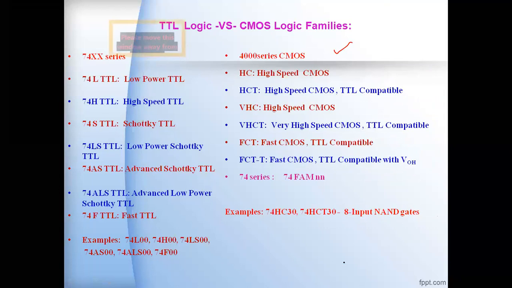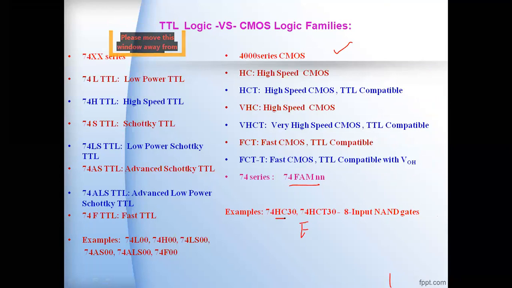You can also see some examples here with respect to the NAND gate, the CMOS 74 series and TTL 74 series, and they are differentiated with an alphanumeric code.